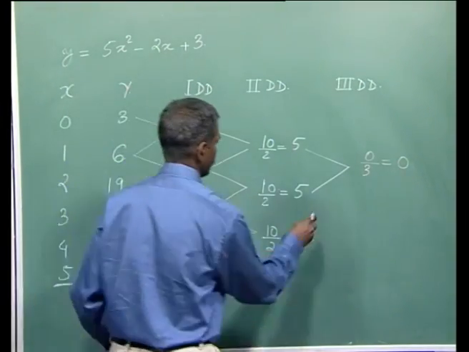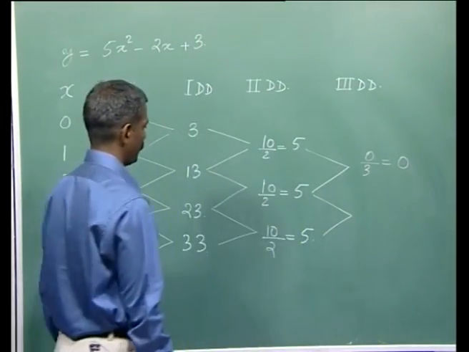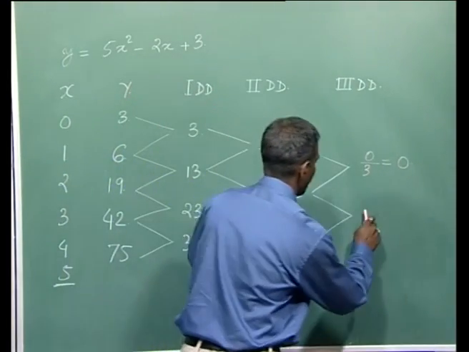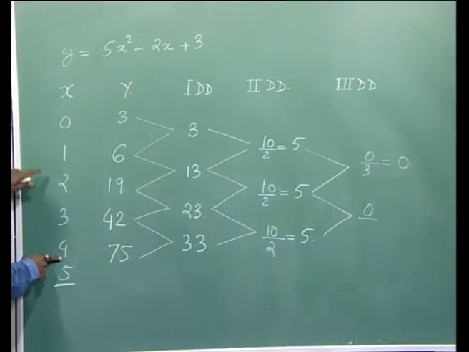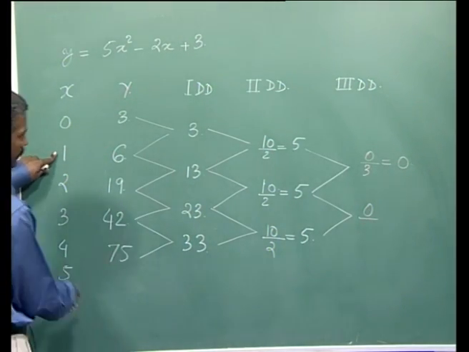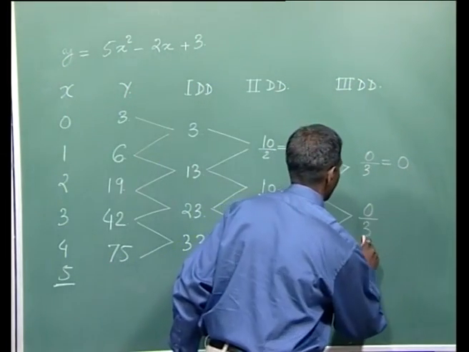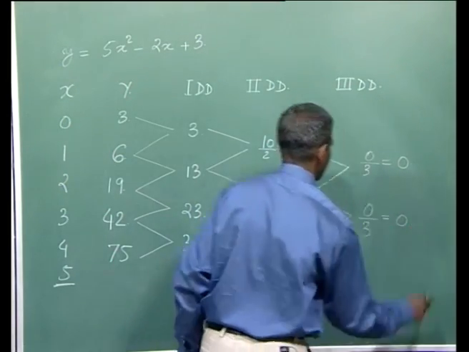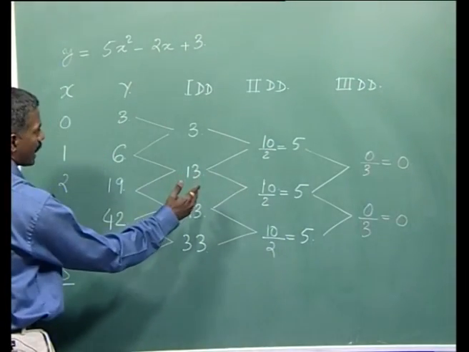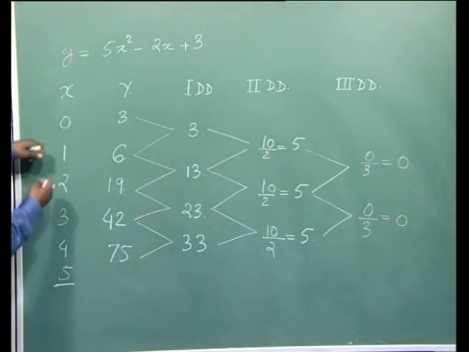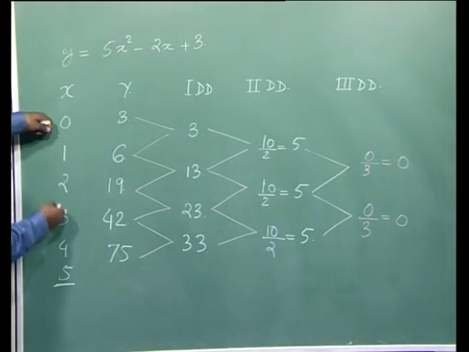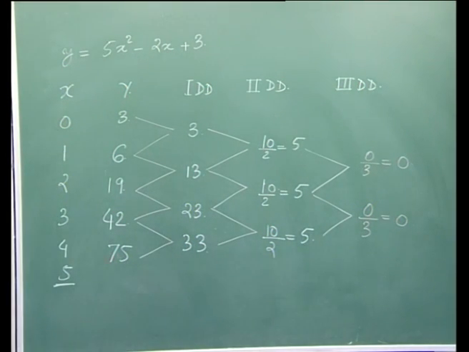Likewise, 5 minus 5, again 0, over 4 minus 1, 3, which is 0. Every time I compute the subsequent divided difference, I'll have to enlarge my interval here by 1. Keep that in mind. Okay.